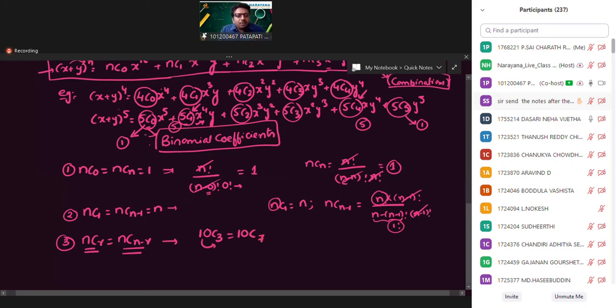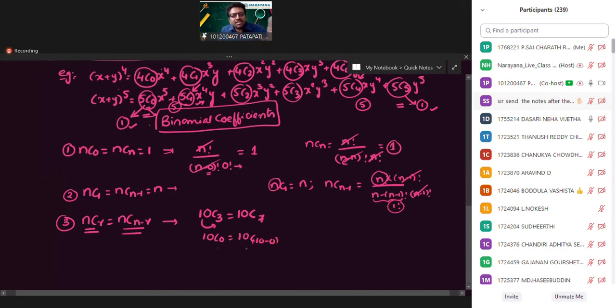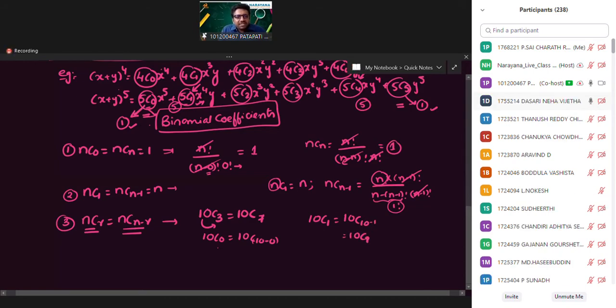The binomial coefficients equidistant from the start and end are the same. 10C0 is same as 10C10. 10C1 is same as 10C9. 5C1 is same as 5C4. 5C2 is same as 5C3.